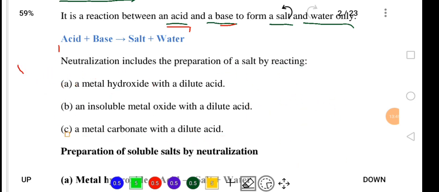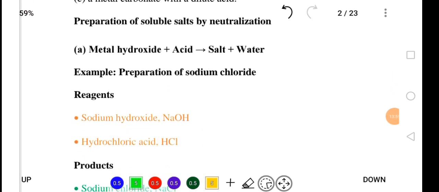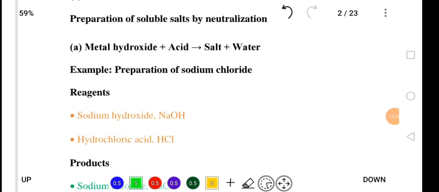Moving forward, I am going to explain very fast the preparation of soluble salts by neutralization using metal hydroxide.